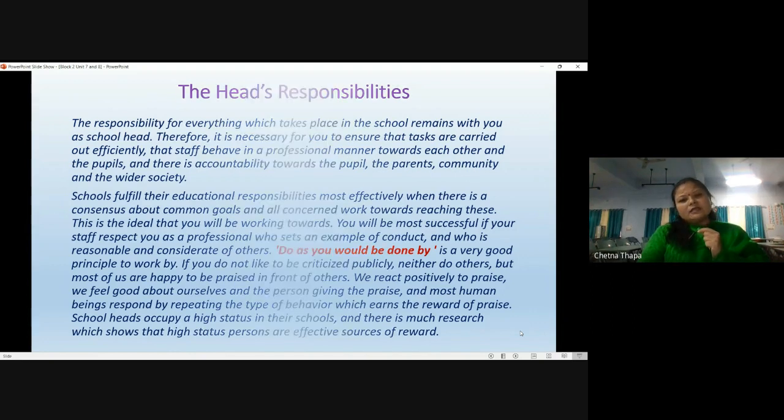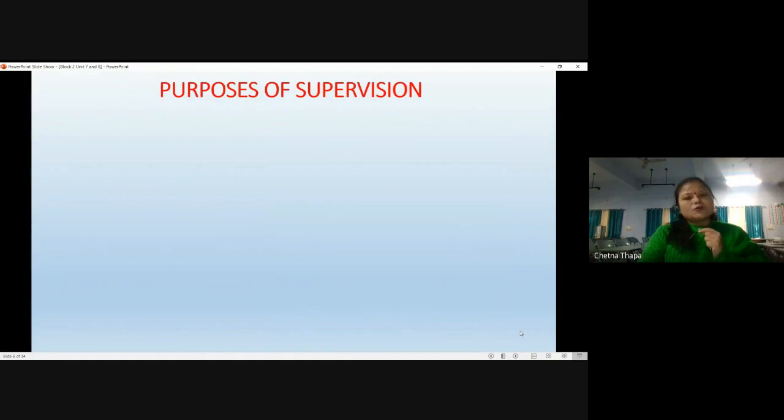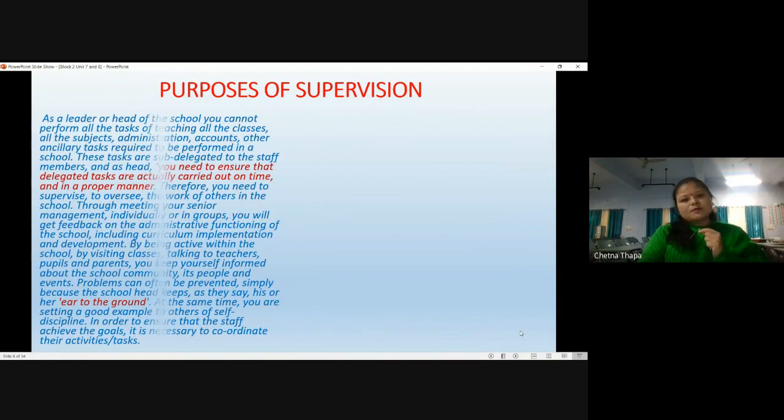And then we have the purpose of supervision. So why do we require supervision? As a leader or head of the school, you cannot do everything. You cannot teach all the classes. You cannot teach all the subjects. You cannot administer everything. You cannot see all the accounts and all the other tasks that are performed for the success of the school.